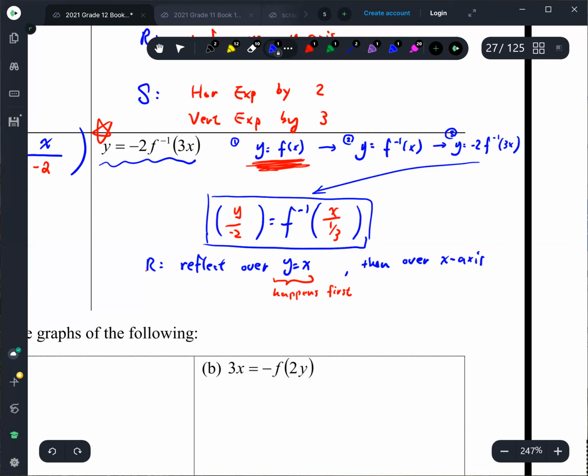Okay, so for inverse, this is the special part. You cannot mix the order. You cannot reflect over x-axis and then the inverse, okay? Because it will give you a different graph if you do that. Okay, and then the stretching now, okay? So how do I describe the stretching part, Evan?